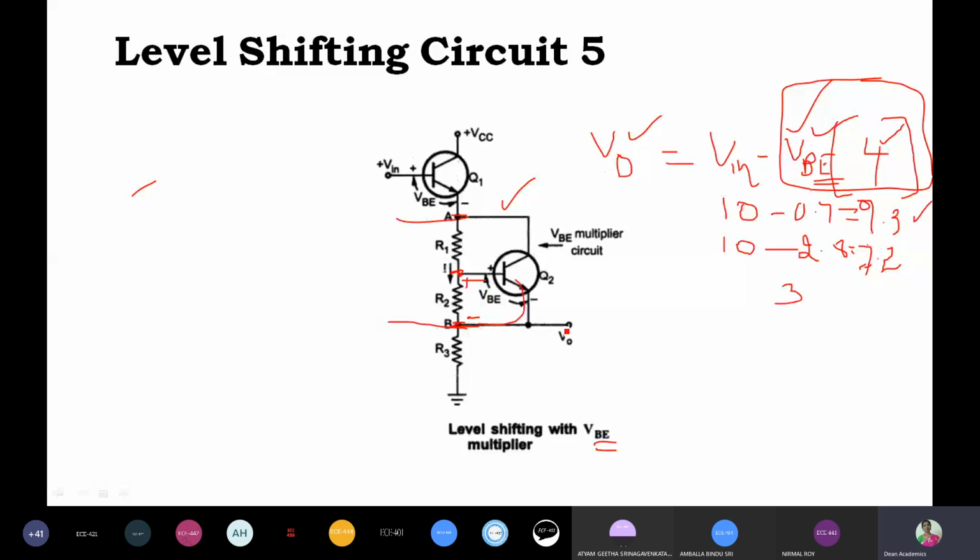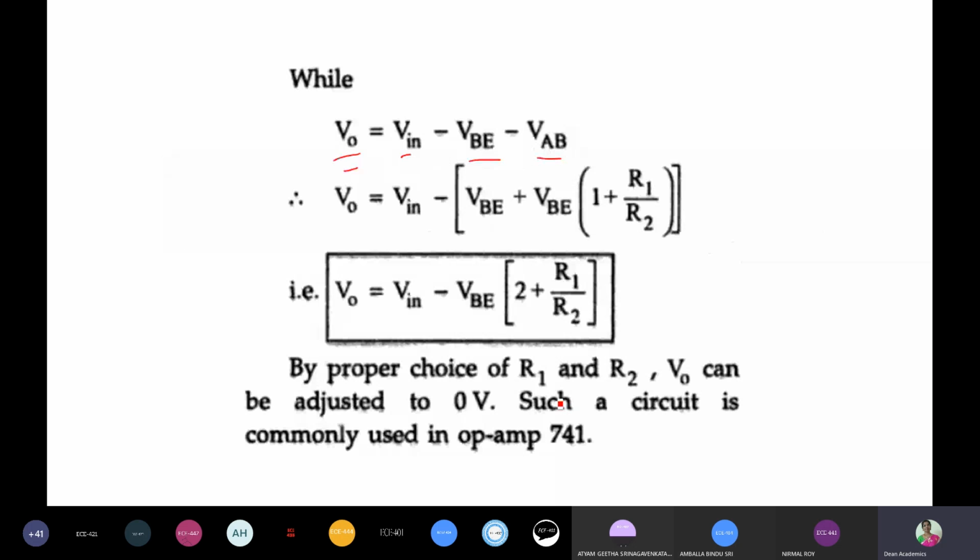Otherwise, what we write actually is minus Vin plus VBE plus VAB plus V0 equal to 0, and finally V0 is equal to Vin minus VBE minus VAB.